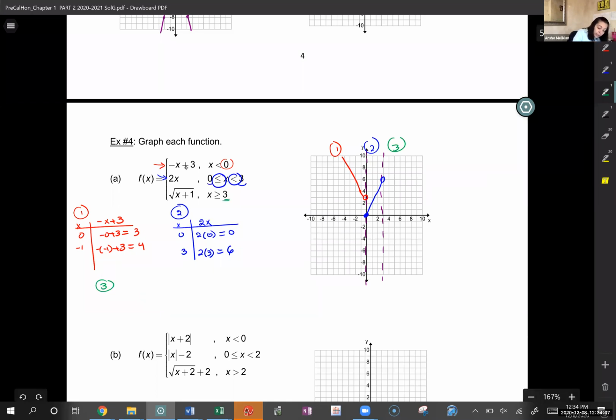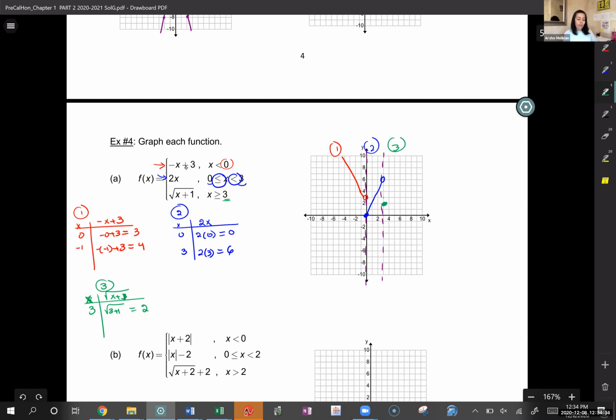What's the endpoint? 3. So first you must plug in 3. X equals 3. This gives you root, what's wrong with it? Root 4, which is 2. So x is 3, y is 2. Closed circle.